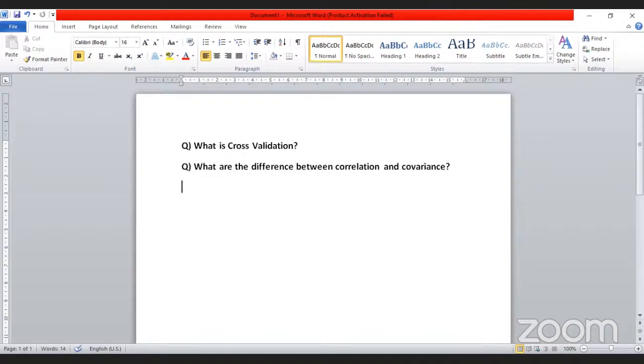So what is the covariance? If we consider covariance, it is also telling us the relationship of two variables, right? But it will not tell you how strong this relationship is. It just shows what the impact of the first variable is on the second variable.